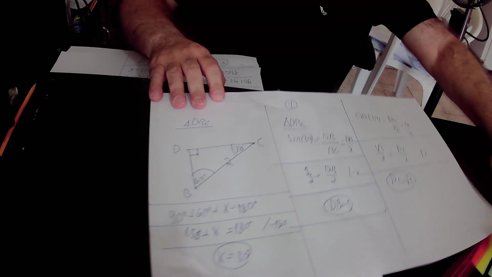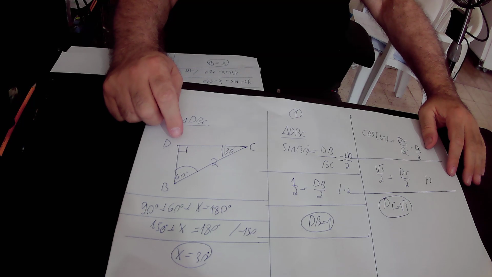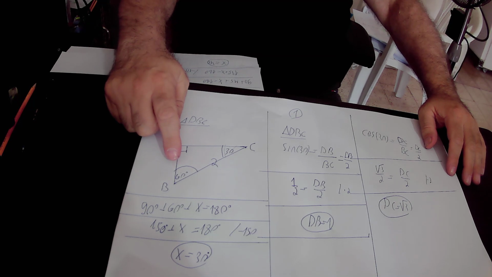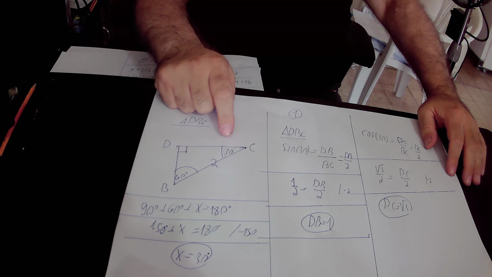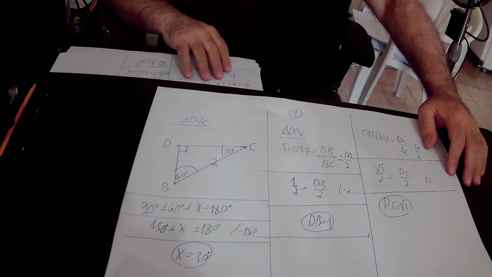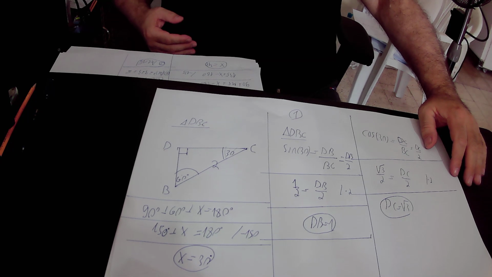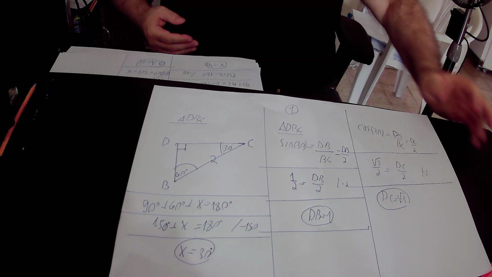In the right triangle DBC, this angle equals 90 degrees, this angle equals 60 degrees, and define the missing angle as x. In total, the sum of those three angles must be equal to 180 degrees, according to the rule that the sum of the angles in any triangle is 180 degrees.